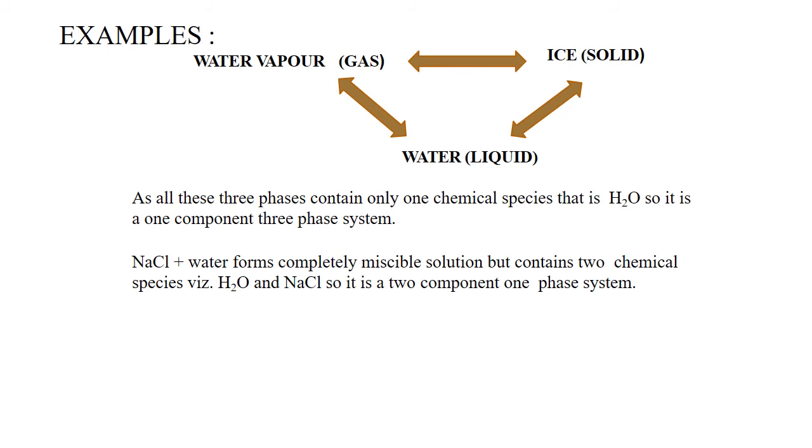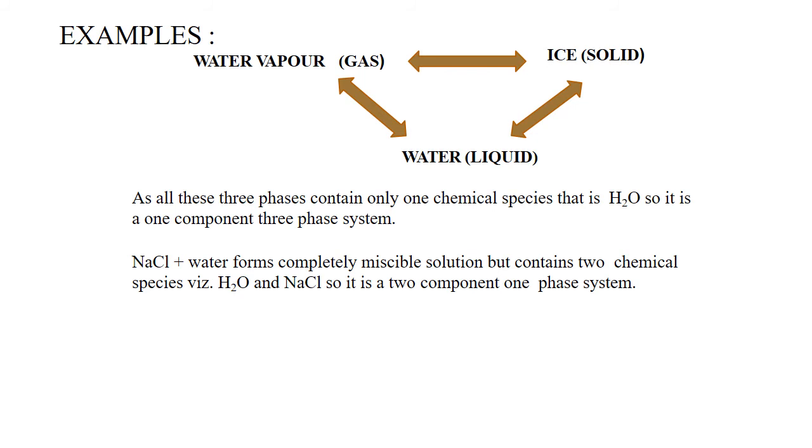So the phase is the liquid phase because the solution is present in the liquid form, so it contains one phase. But that phase contains two components. One component is the water and the other component present in the solution is NaCl. So we can say it's a two component one phase system.